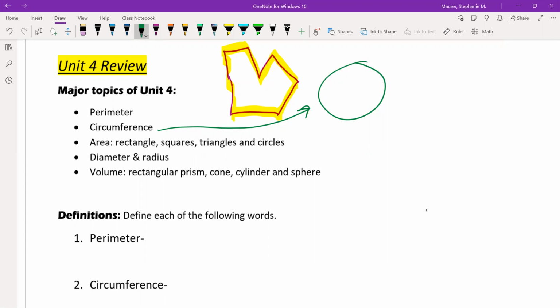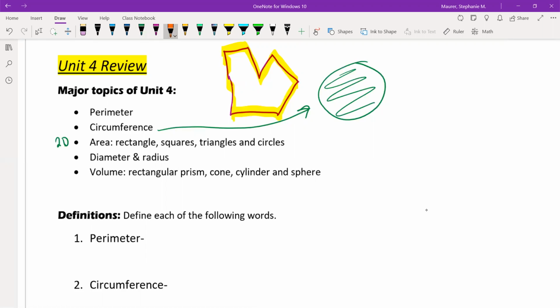Then we have area, which, as a reminder, is a two-dimensional idea. The idea that we are looking at the space inside of a shape, no matter what that shape might be. We focused on the shapes rectangles, squares, triangles, and circles, in which case we had formulas to find the areas of all of those. Then we got into definitions of diameter and radius, which again is looking at a circle.